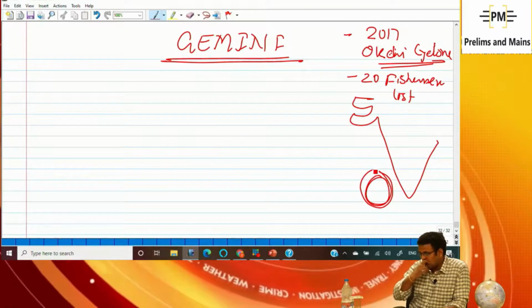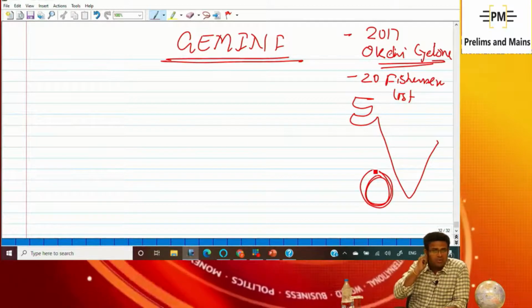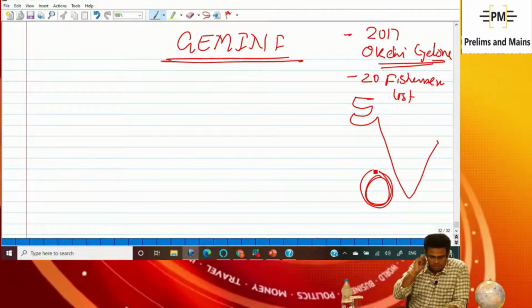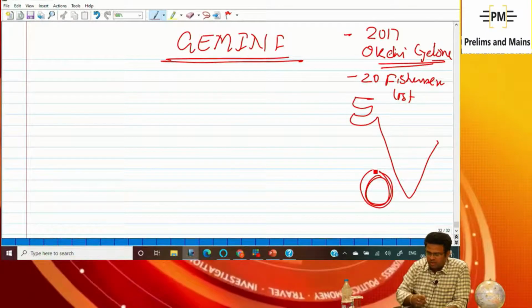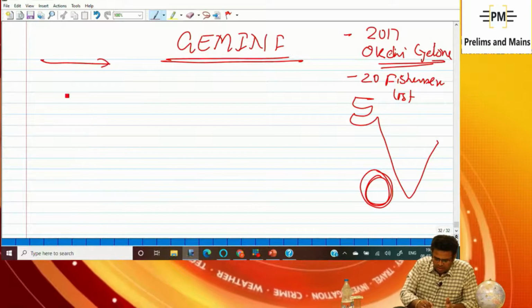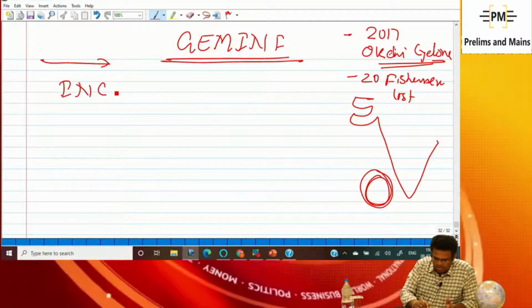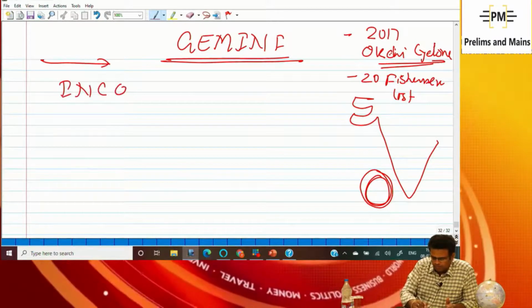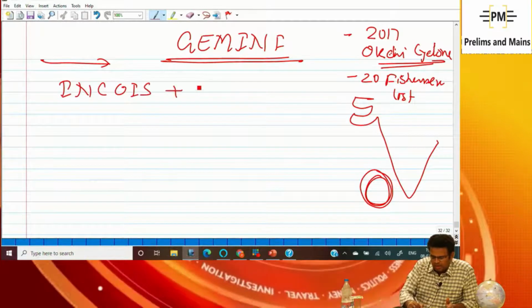Around the Malabar coast, Kerala. Is it clear? 2017 Ockhi cyclone and 20 fishermen. Then what happened? Inquest and Hyderabad Institute.